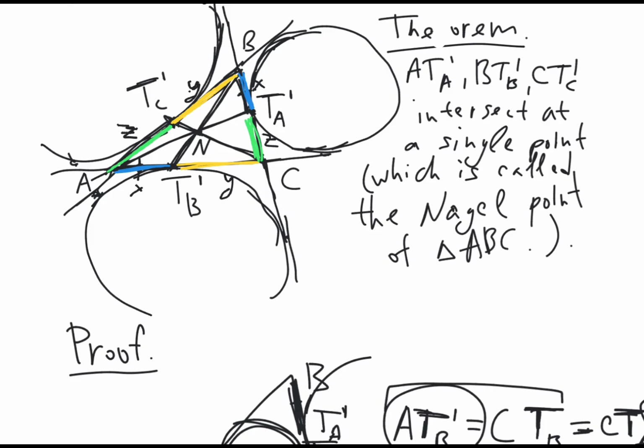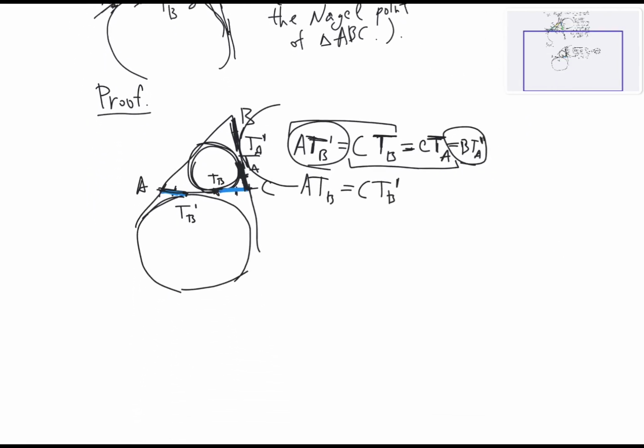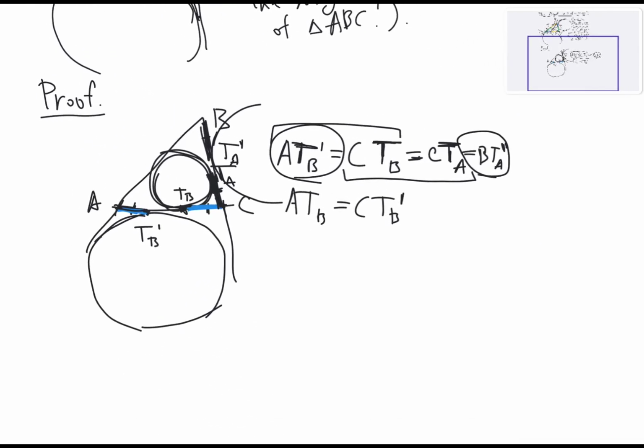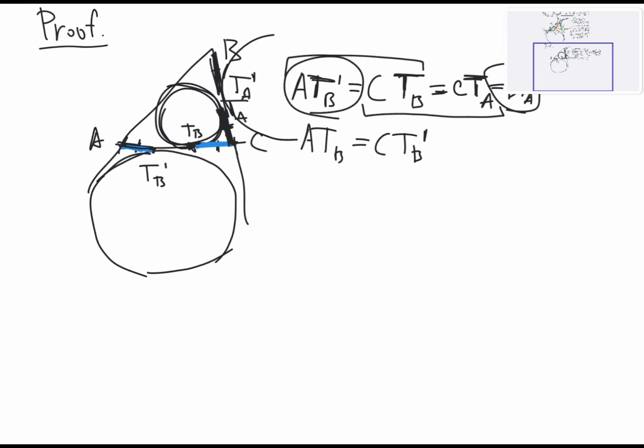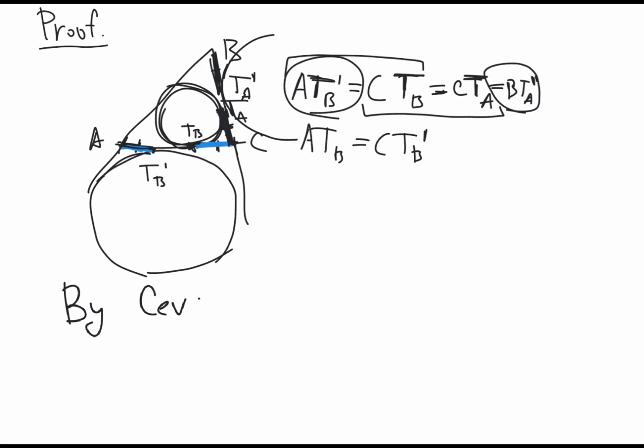So now we can use Ceva's theorem, right? Ceva's theorem is a criterion for when three lines connecting the vertices of the triangle to points on the opposite sides or extensions of the sides intersect at a single point.